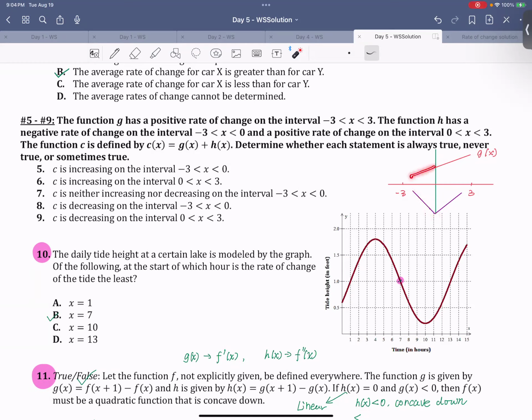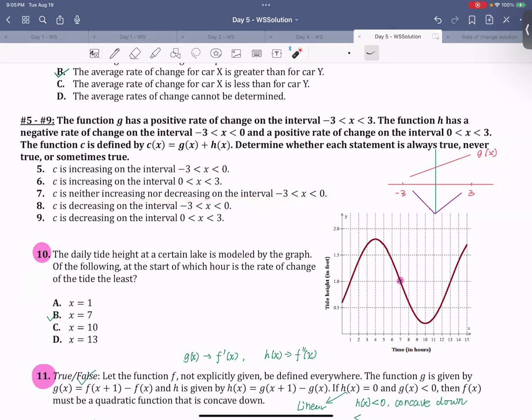If this is combined with this, you will have a mild going down and a sharp going up. But this can go up, so this slope and that slope cancel each other. So it can be a flat line and going up. That means sometimes it's neither increasing nor decreasing. So this is also sometimes.